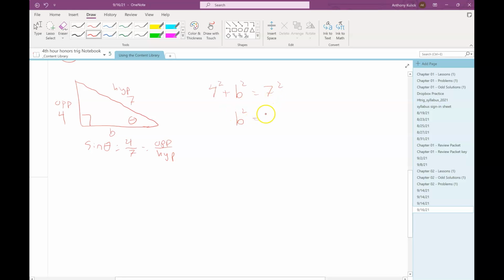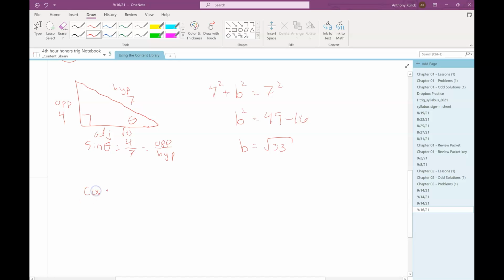So 49 minus 16 is 33. So B is the square root of 33. And from here, I know that this adjacent side is the square root of 33. Now it's just like 25 through 28.